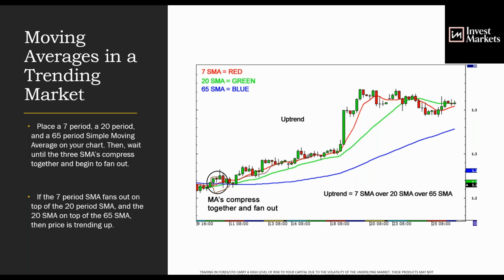But the faster moving average, which is the 7-period, starts moving much faster and fans out.